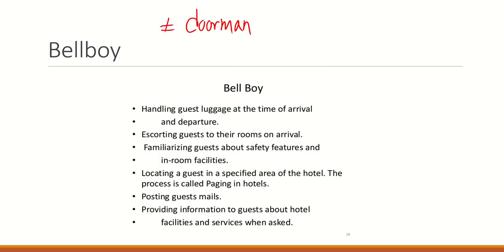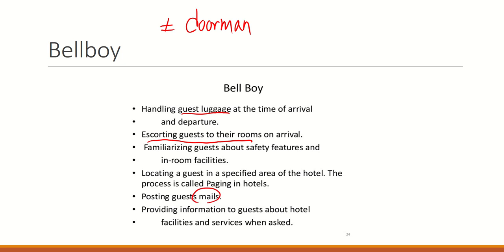As you know, they help guests with luggage and take guests to the room, familiarizing them with safety features and room facilities, introducing the safety policy, facilities and amenities in the room. They also locate a guest in a specific area of the hotel and post guest mail, sometimes letters.